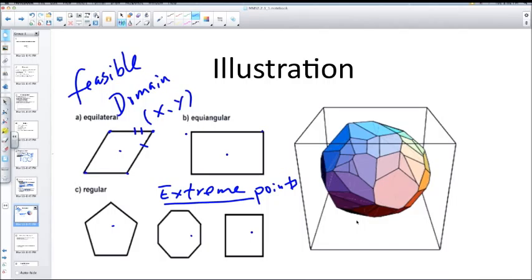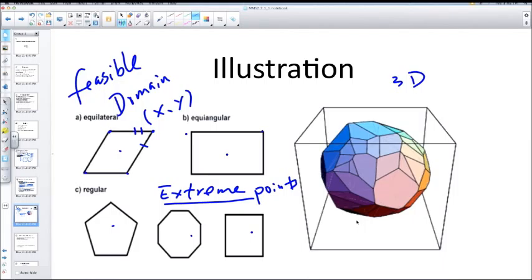If you consider a problem in 3D, then you have this convex shape, we call it a polyhedron. Each plane of the polyhedron corresponds to a constraint equation or constraint inequality.